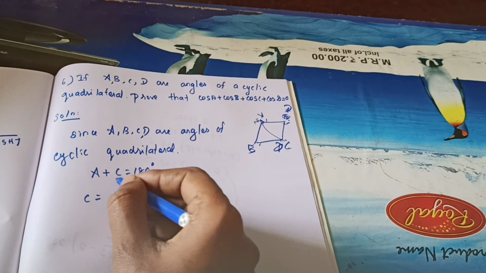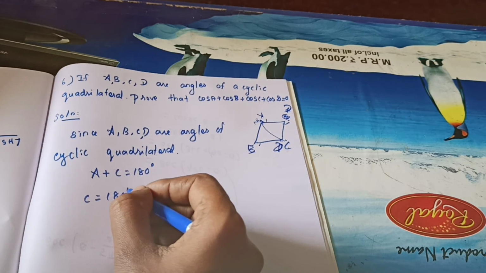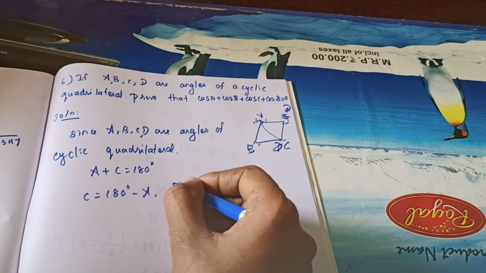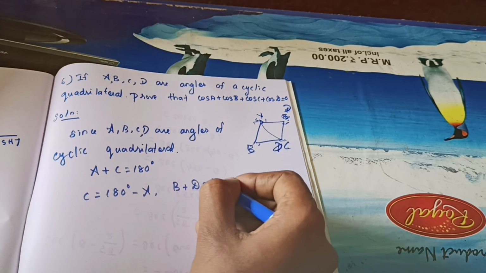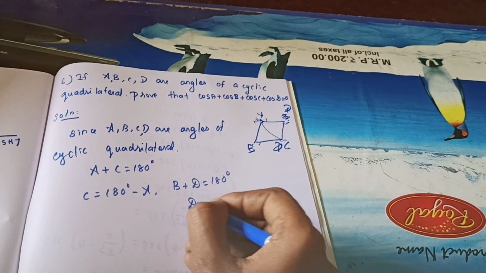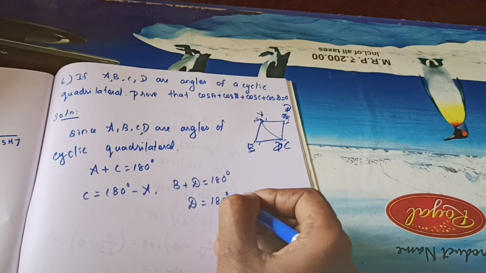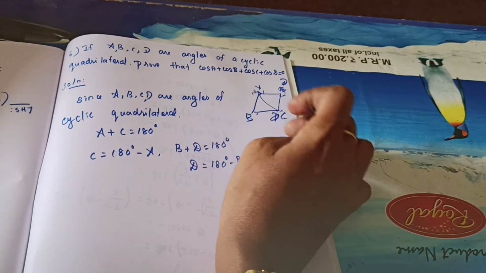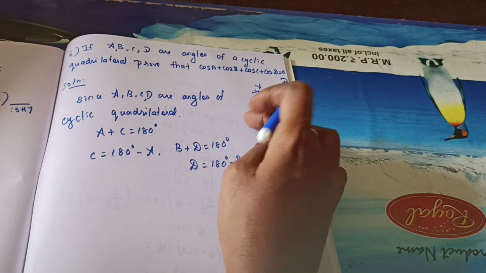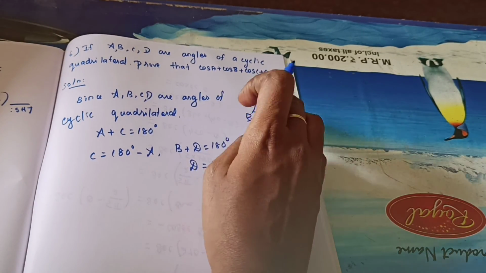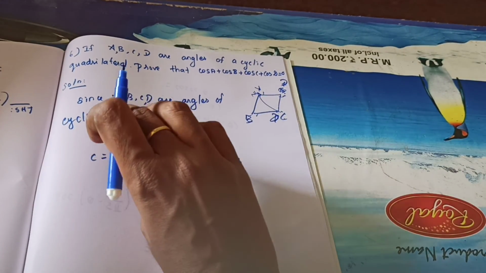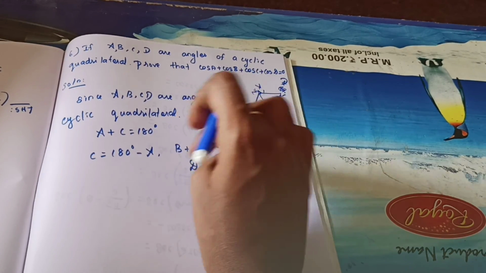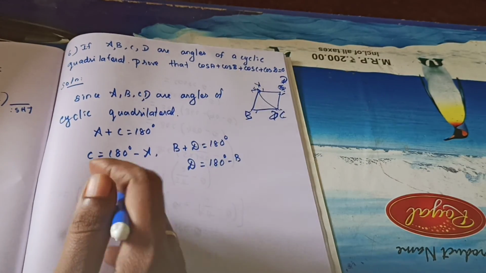So see how much you will get from here: C equals 180 degrees minus A. Same as that, B plus D must be equal to 180 degrees, so we find the D value: 180 degrees minus B. Am I right? So A plus C must be 180 degrees, same as that B plus D must be 180 degrees. So C value is equal to 180 minus A, same as that D value equal to 180 minus B.